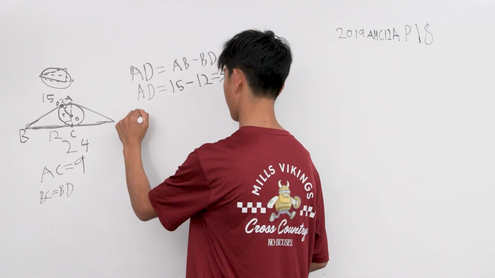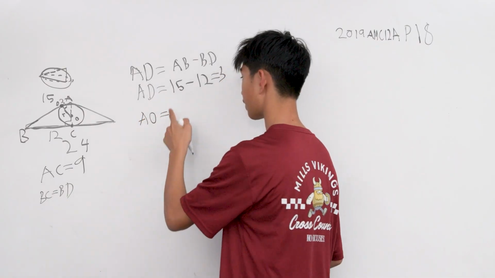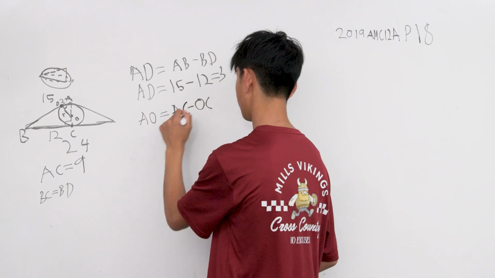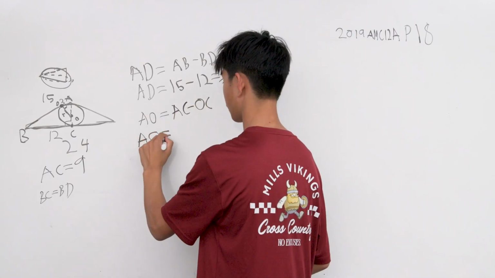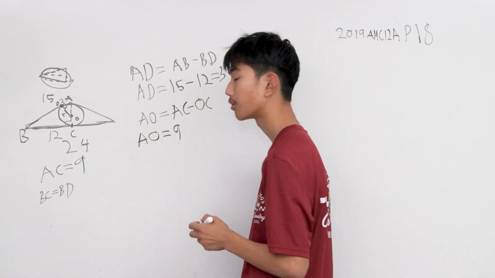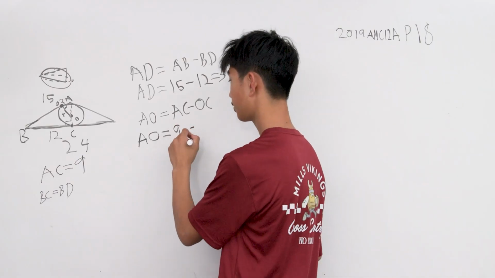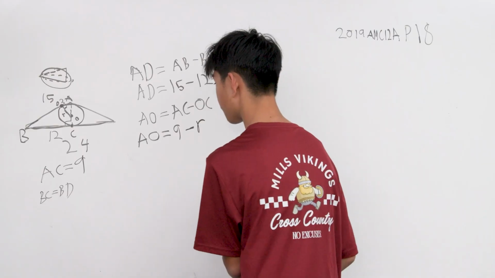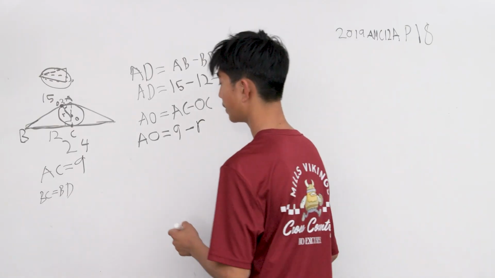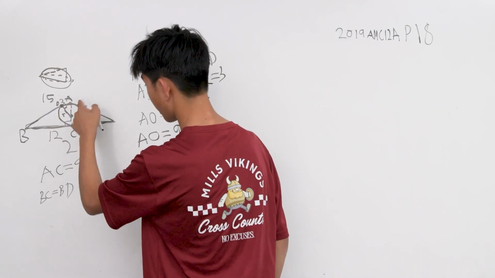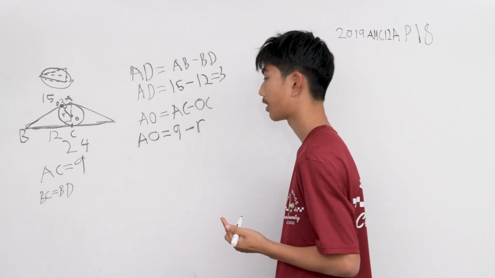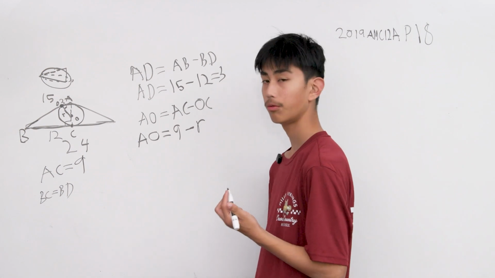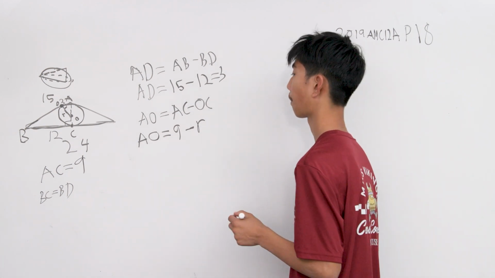AO is AC minus OC. AO is equal to 9, because the total length is 9, minus OC, which is a radius of the circle, so R. Then, because triangle DOA is a right triangle, we can use the Pythagorean theorem.